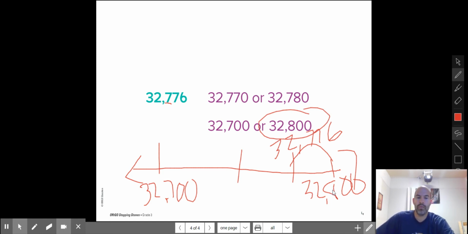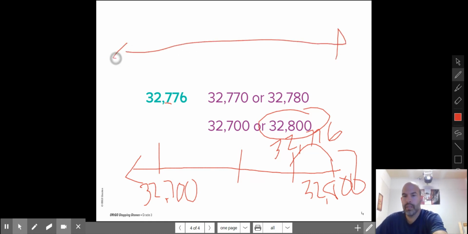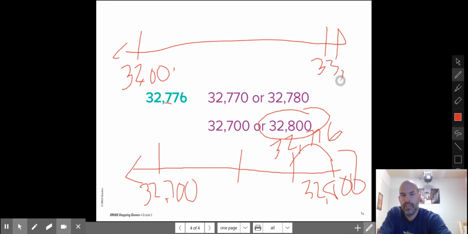Now, what if we wanted to round to the nearest 1,000? So let's do another number line up here. We did 32,000 on this side, and we did 33,000 on this side.